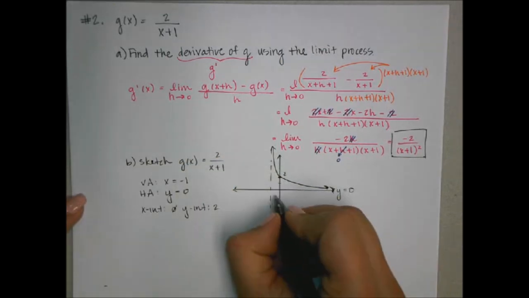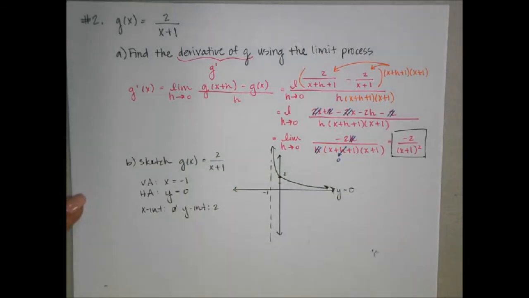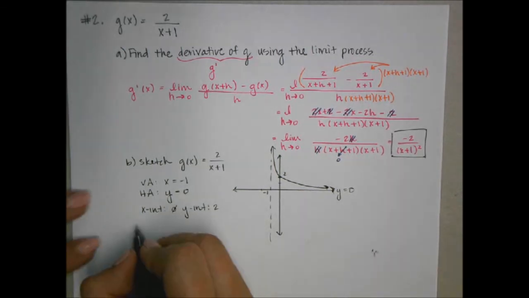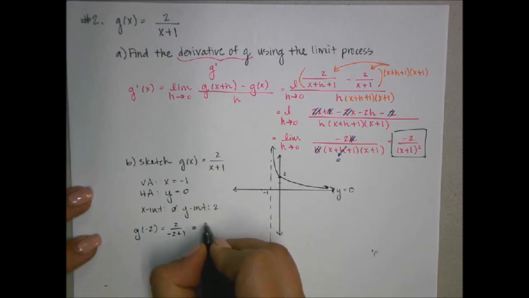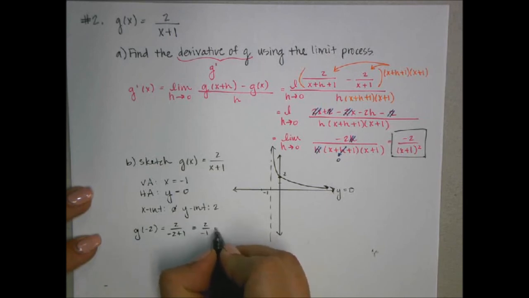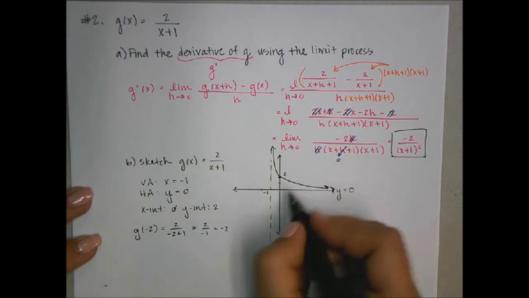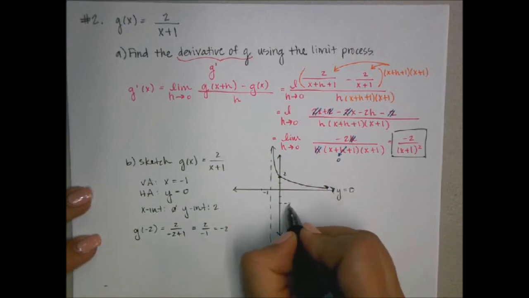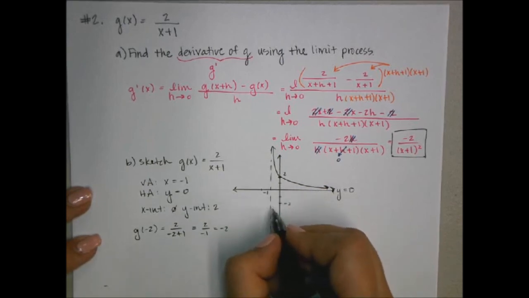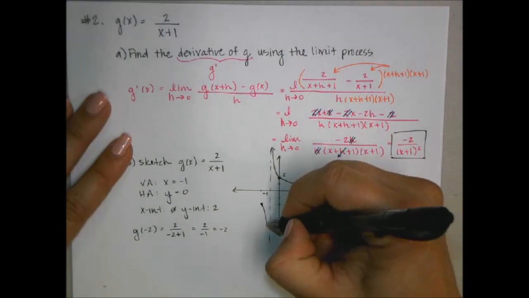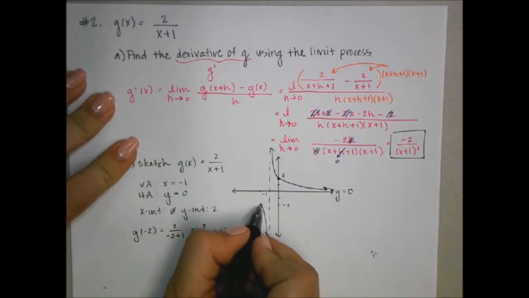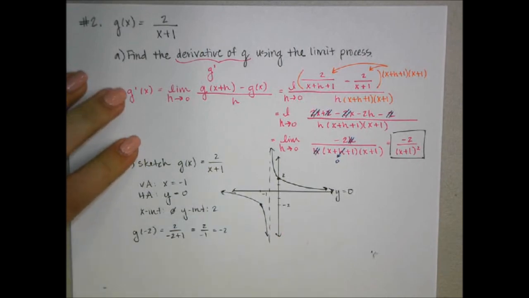So the vertical asymptote is at negative 1. You can plug in negative 2 if you want to see where this is. So g of negative 2 would give us 2 over negative 2 plus 1. Gives us negative 2. We have a point here. This piece is underneath the horizontal. So there we go. There's our rational function.